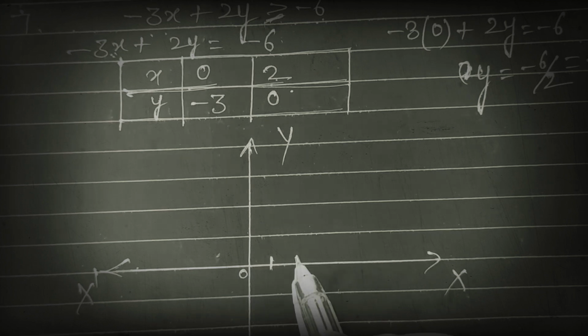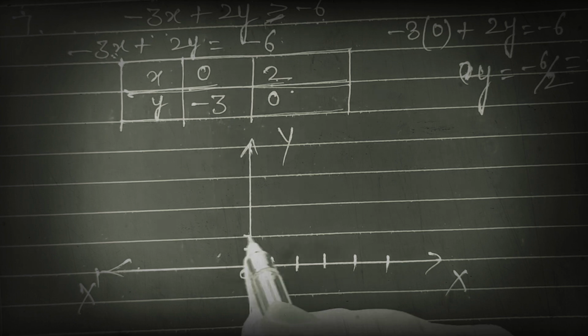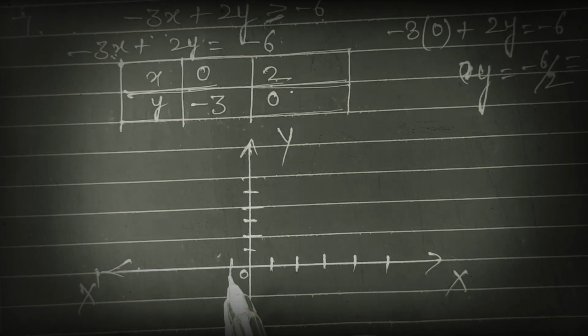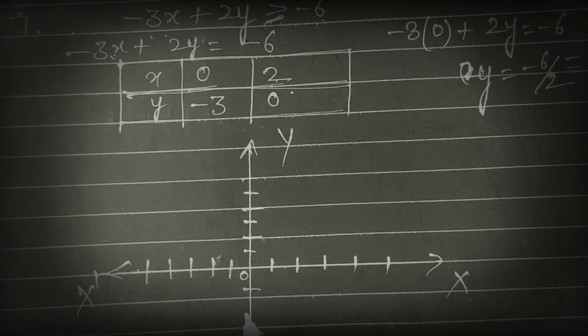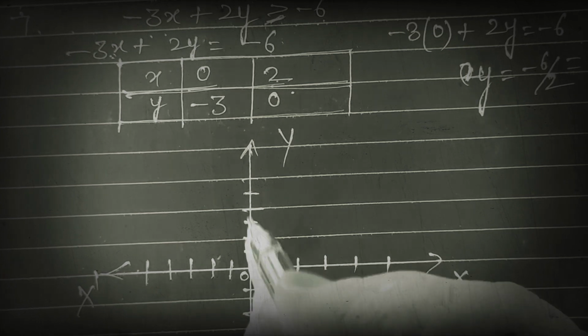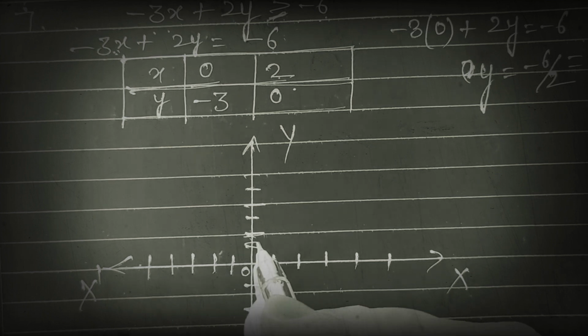0, 1, 2, 3, 4, 5. 1, 2, 3, 4, 5. Now minus 1, minus 2, minus 3, minus 4, minus 5. You can take it in this way also. The gap should be the same.